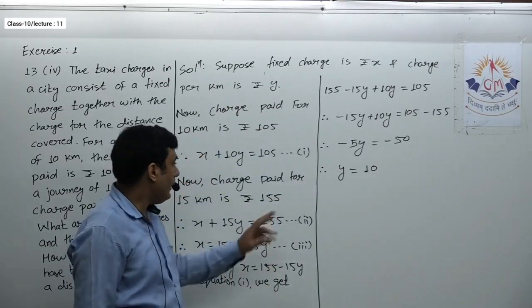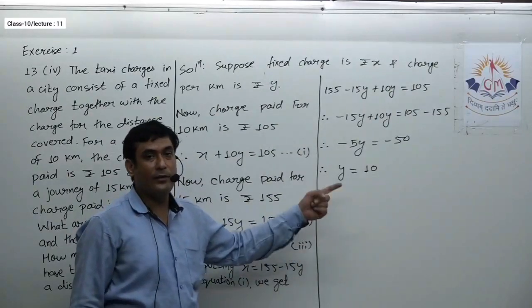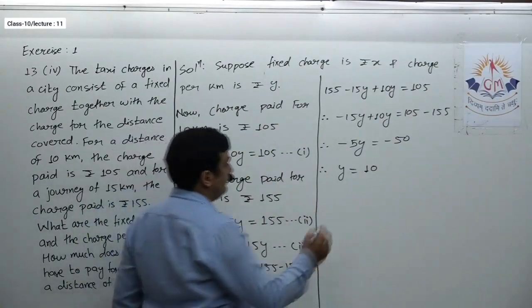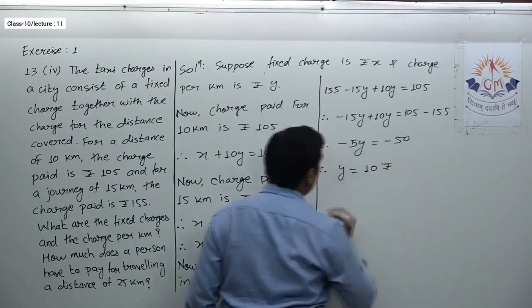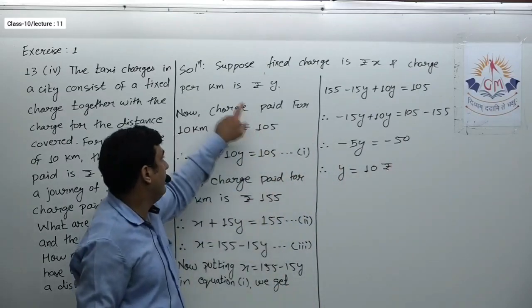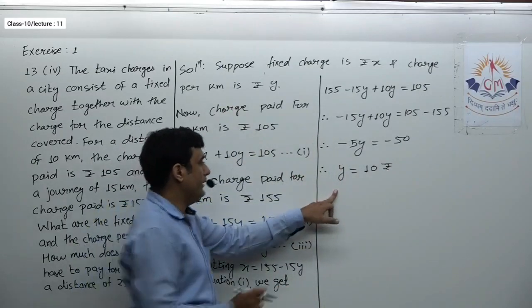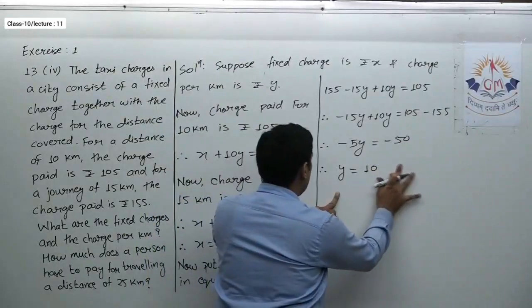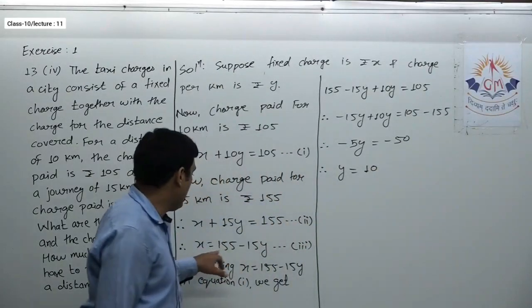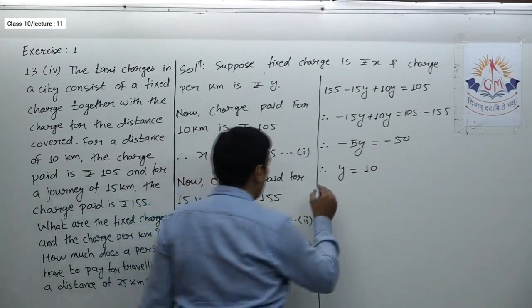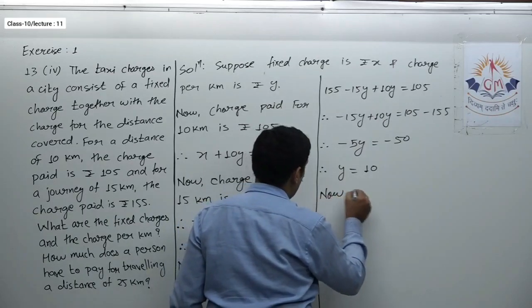Okay. Now next what we have to find? Here do write rupees in the last step. Now I'll put the value of y, that is equal to 10, in equation number 3.